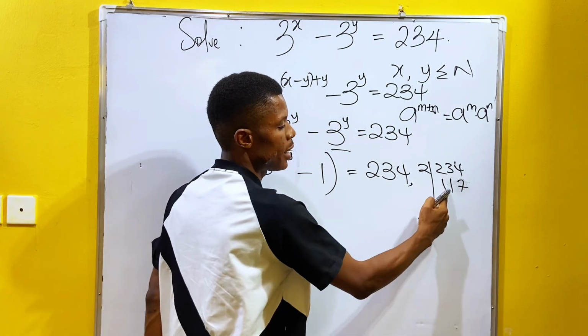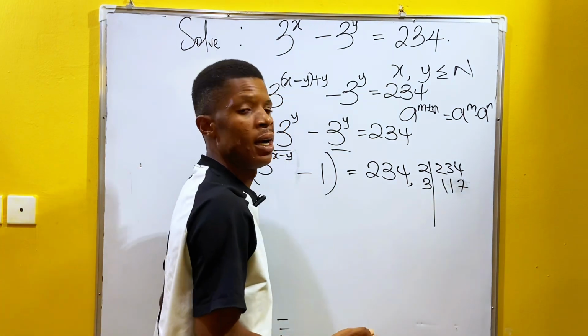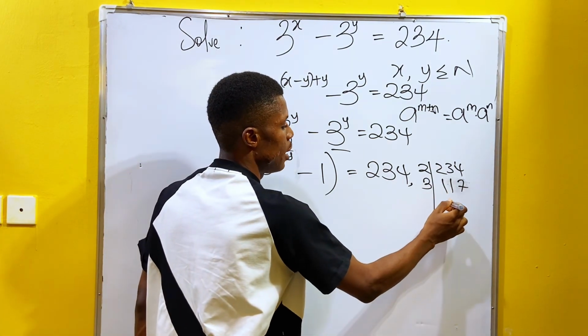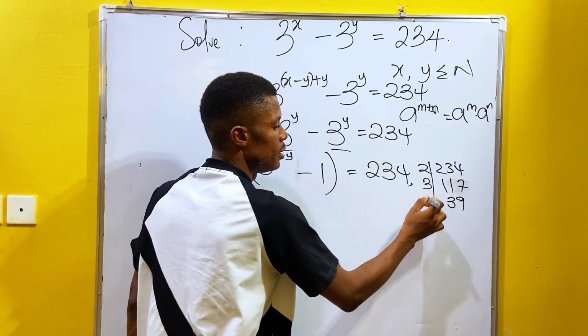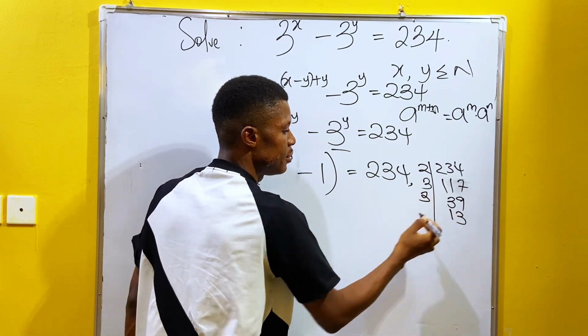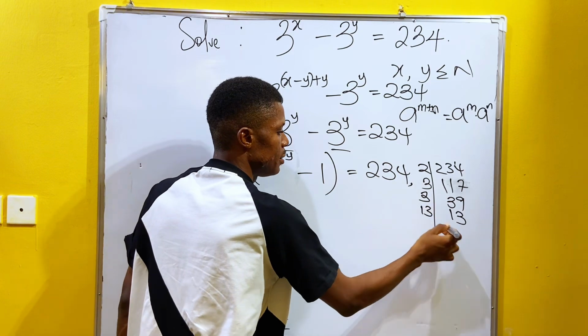Then 3 divides 117 to give 39, 3 divides 39 to give 13, then 13 divides 13 to give 1.